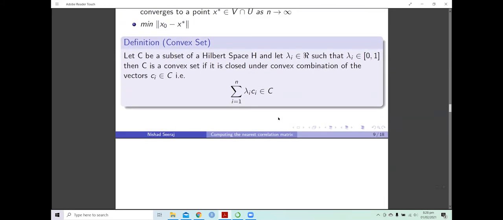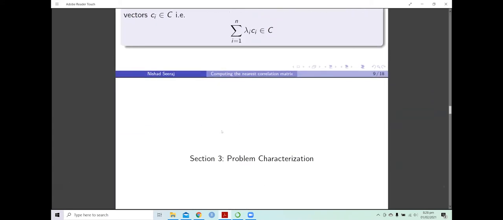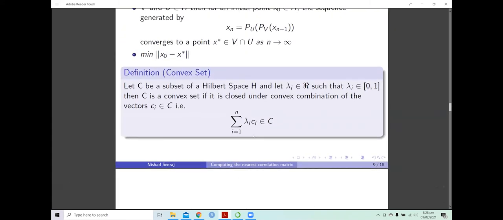Okay, so to reiterate before I go on to the final section, we have convex sets, which make up the set of correlation matrices. We have a correlation matrix which is not valid, and we want to find the closest solution to that correlation matrix, which is in the intersection of two convex sets.